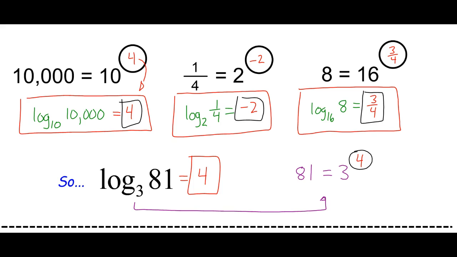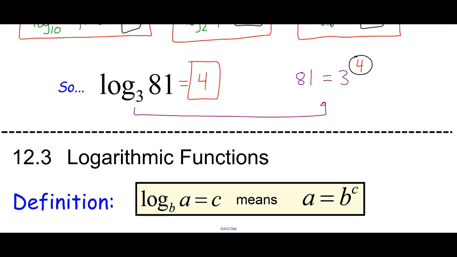So, the ultimate point of what we've done in this section is the definition of logarithmic functions. If you see log base b of a, and the answer comes out to be c, that means c was the exponent, b was the base, a was the answer you were trying to get.